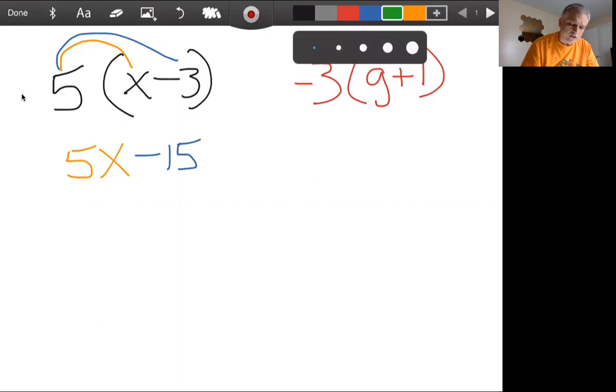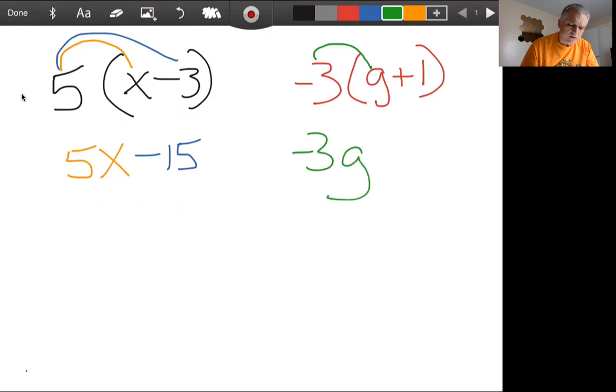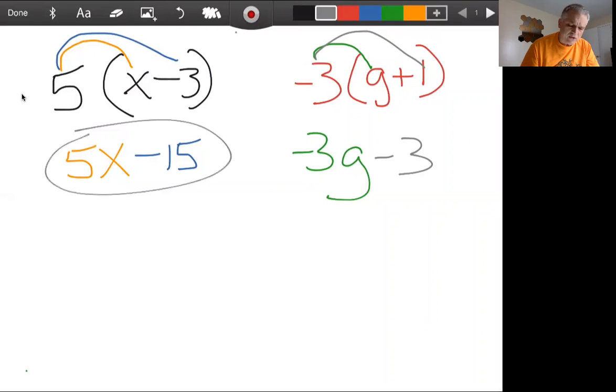For the second question, we would take negative 3, multiply it by g, and you get negative 3g. And then you would take your negative 3 and multiply it by the plus 1. So negative 3 times plus 1 is minus 3. And those are your answers.